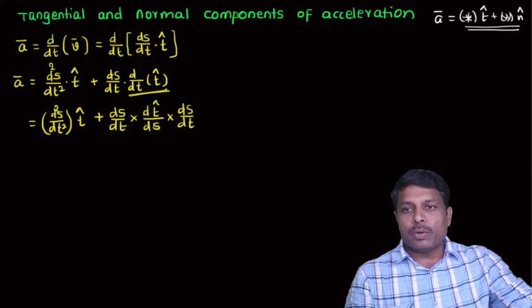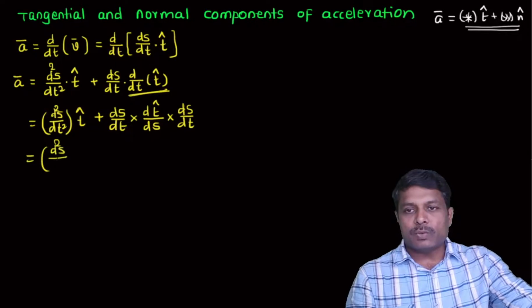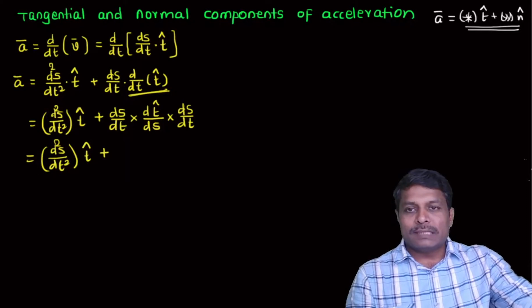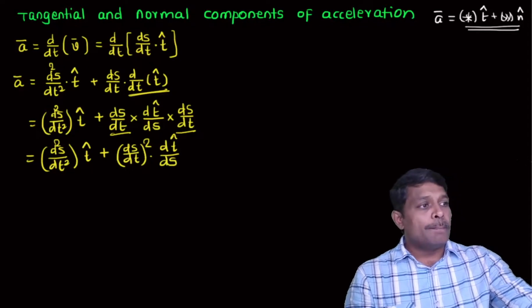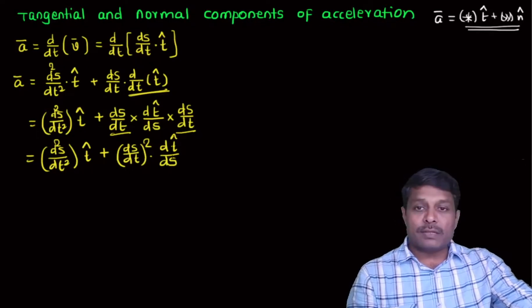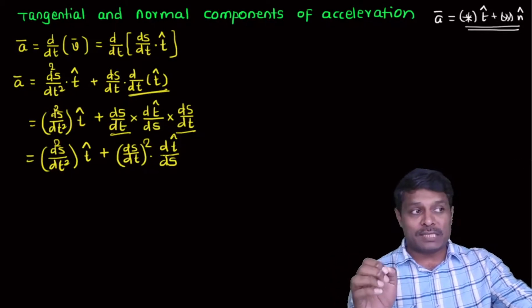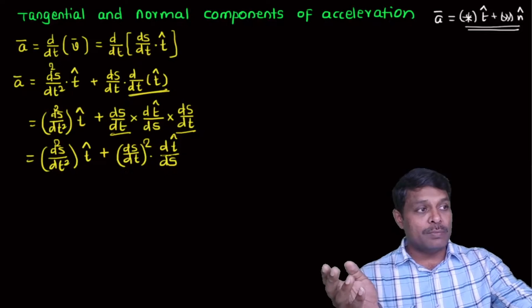In the next step, the first term again stays as d2s by dt square t cap, plus ds by dt times ds by dt, which after multiplication gives ds by dt whole square into dt cap by ds. But when you take the derivative of t cap with respect to s, what happens is very important.